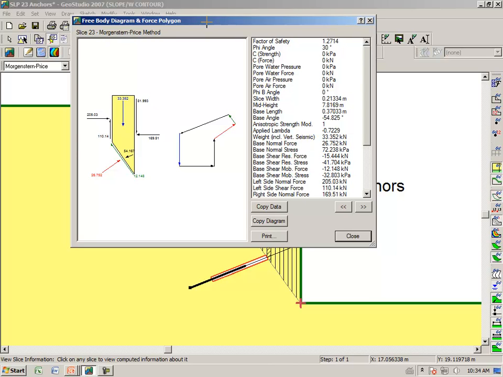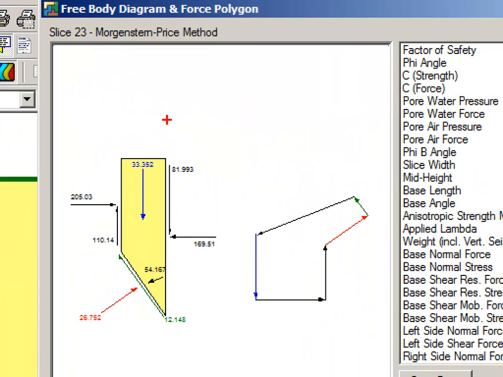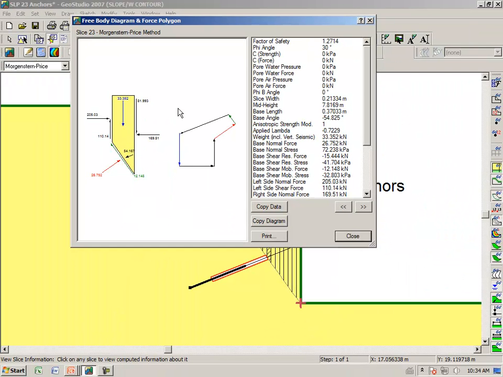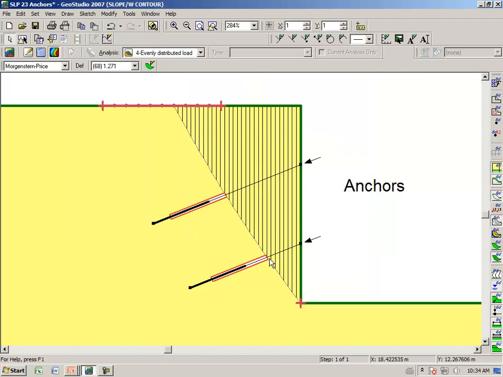Now remember, this is the slice, and in this case here we have a value of 54.167. In this particular case, we took the 300 and divided it by 1, 2, 3, 4, 5, 6, 7, 8 slices.